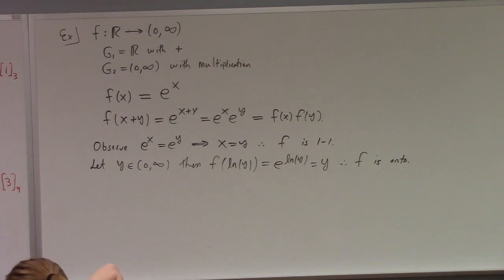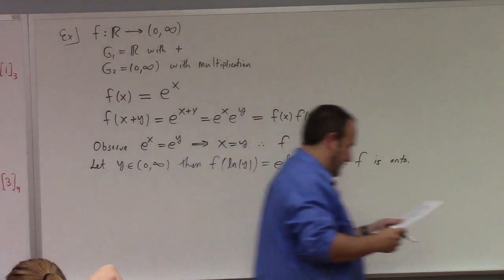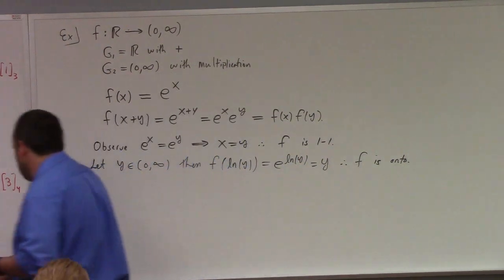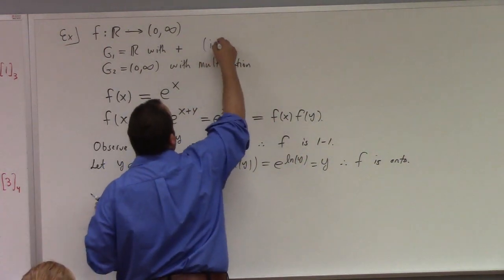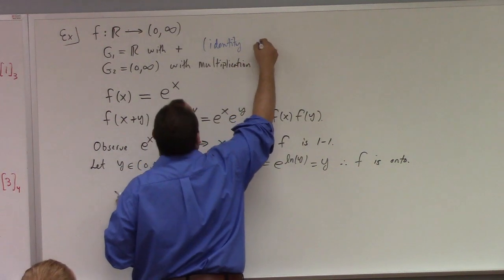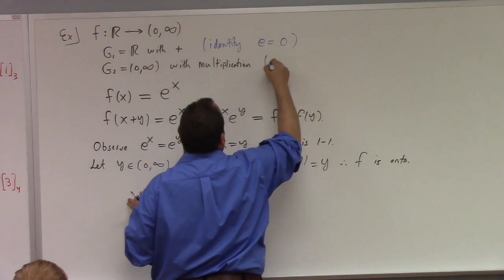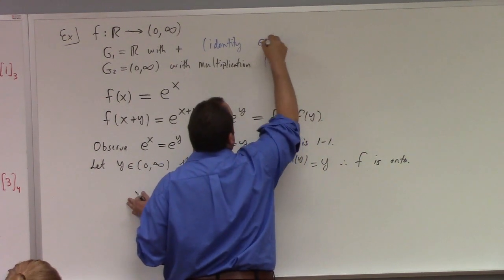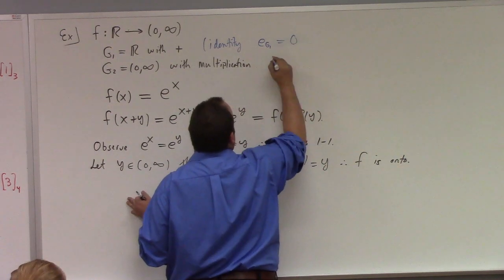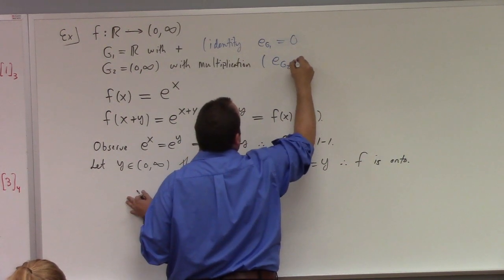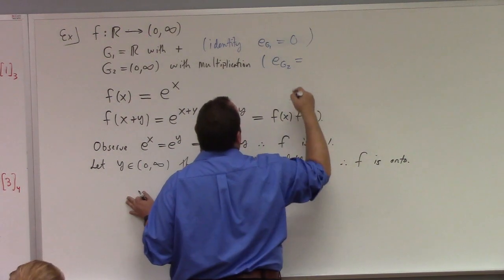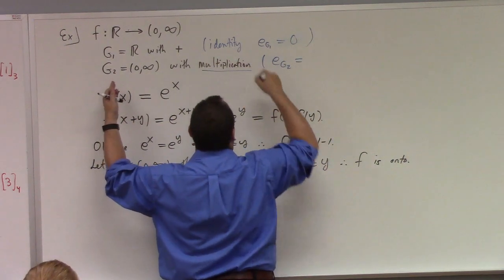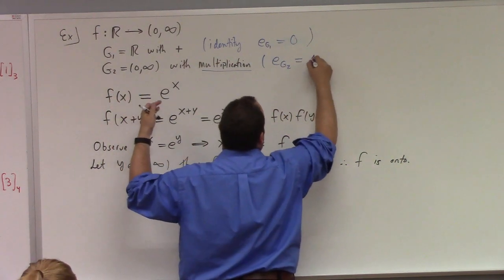Let's study the identity. What's the identity in G1 here in my example? It's just 0, right? And so I might call this EG1 for identity in G1. And down here, EG2 is what? What's the identity in G2 with respect to multiplication? 1, thank you.